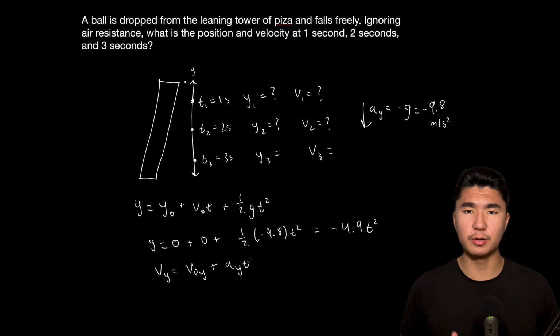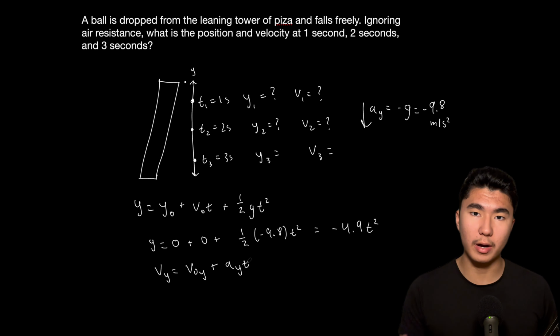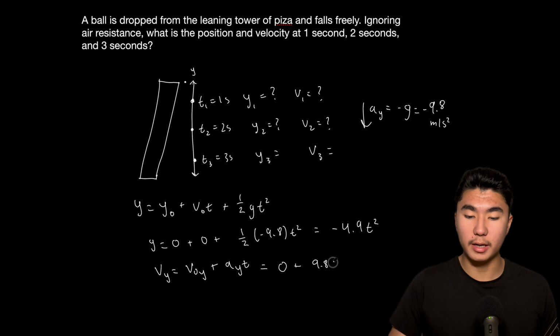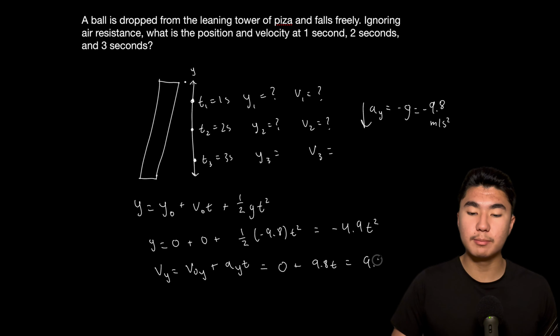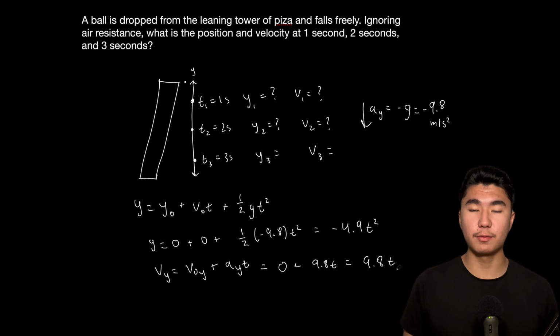It doesn't really matter what variables you use, as long as you understand that this acceleration is going to be acceleration due to gravity. So our initial velocity is going to be 0, like we said. So this is 0 plus 9.8 t, and this is just going to equal 9.8 times time. So now all we have to do is plug in our times and find our position and our velocity.